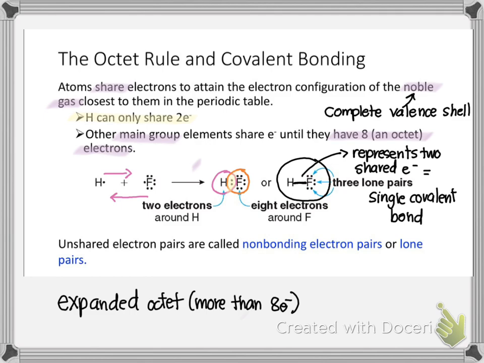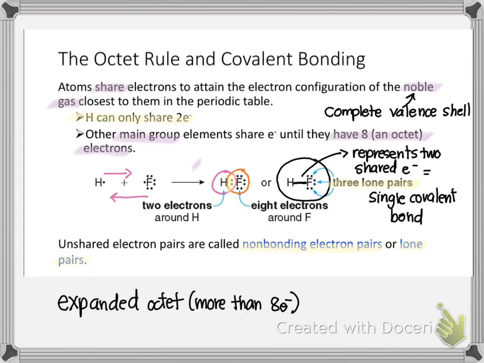Then the electrons around the fluorine that are not being shared are called lone pairs. You can see down here at the bottom, sometimes they're called non-bonding pairs. So there are going to be on our structures electrons that make an atom have 8. So they're there with the fluorine.